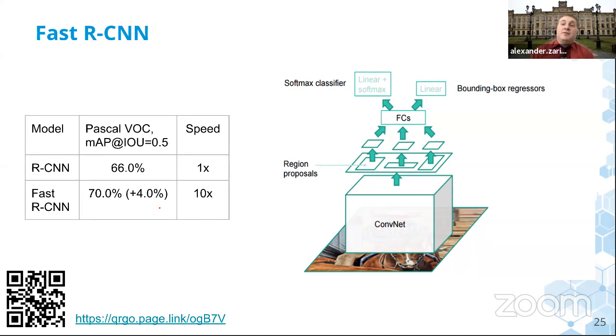Even after improving our algorithm, after speeding it up by 10 times, it's still quite slow compared to classical computer vision object detection rivals. So the authors started looking to improve the speed of the Fast RCNN algorithm.